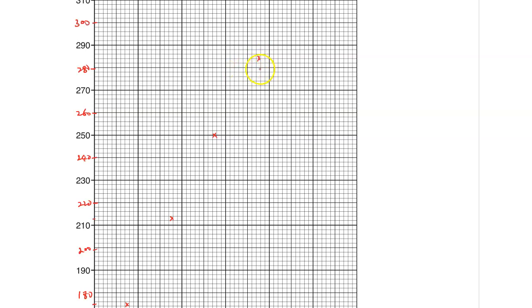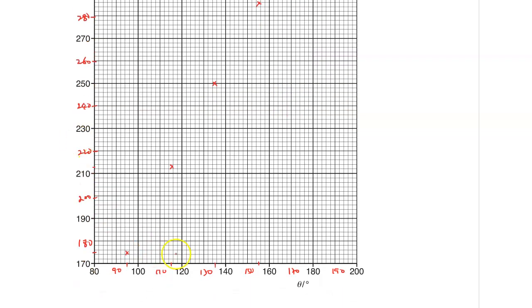That is 280. This is 282, 284, 286. It's there. The next one is 175. 175 is there.